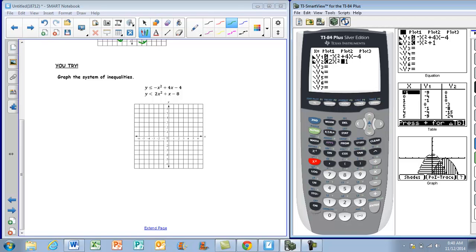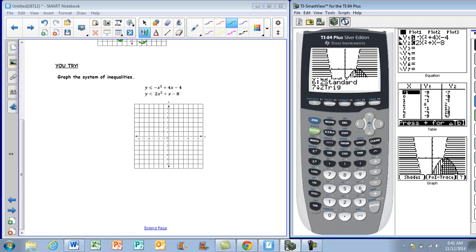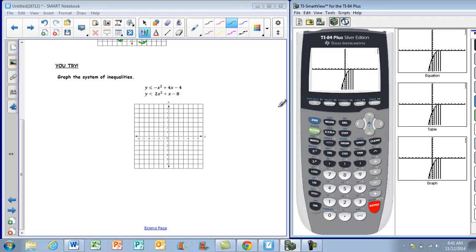Again, I'm just going to plug these back into my calculator. Double check here, -x squared plus 4x minus 4, 2x squared plus x minus 8. So it looks like my calculator is freezing up here, so let's give it a second.